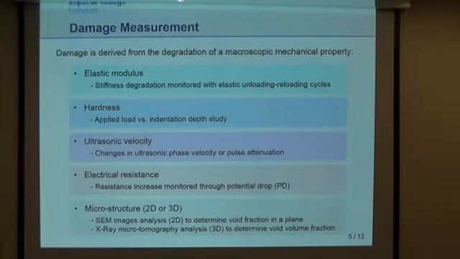And by monitoring how these properties change, we can know what the damage in the material is. Microstructure analysis, either in 2D or 3D by SEM or X-ray tomography, can also be used for this purpose, but generally is not used as a standalone technique, but rather to validate one of these previous methods. And in my presentation, I will present some results of the first two techniques, which are the ones that I have studied so far.